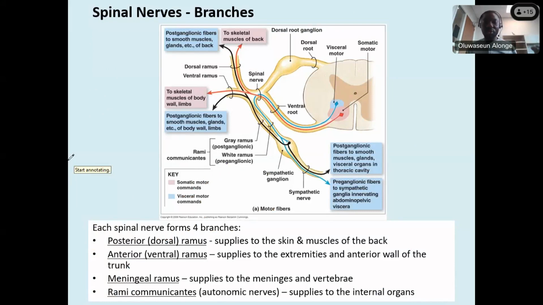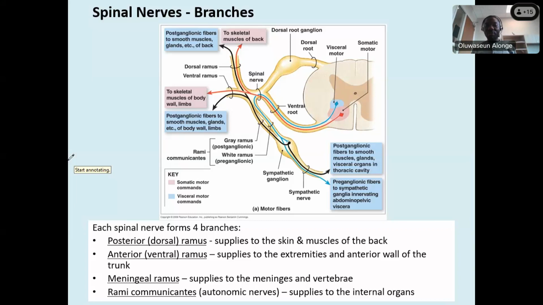Then the spinal nerve is going to split into what we call rami. I told you that the posterior root of the spinal nerve carries sensory information, taking the sensory information into the spinal cord. Then we know that the anterior root carries motor information and is taking it outside, right?